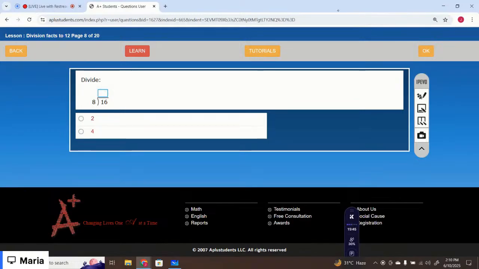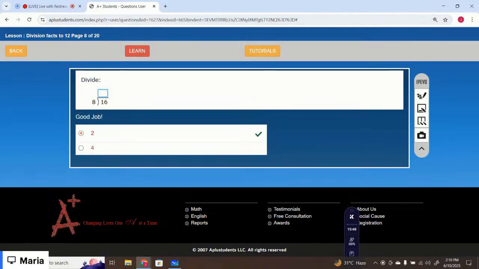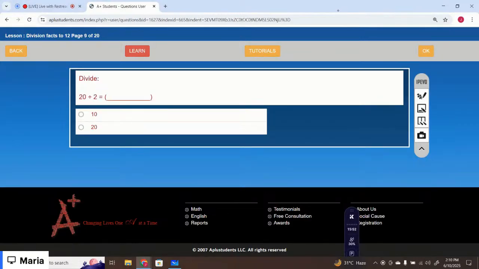Option number 1 is the correct option. 20 divided by 2, which is the correct option? 2 times 10 is 20. Option number 1 is the correct option.